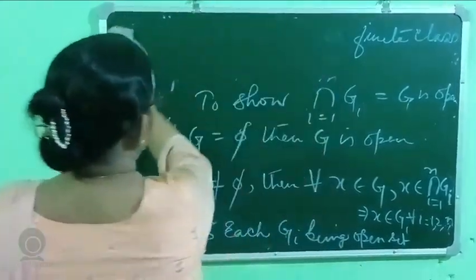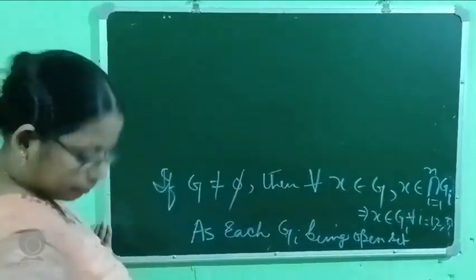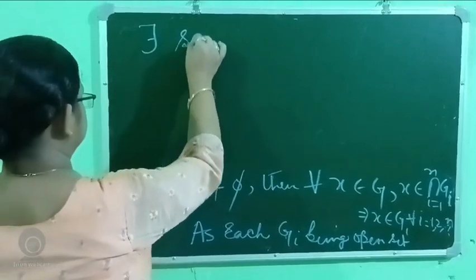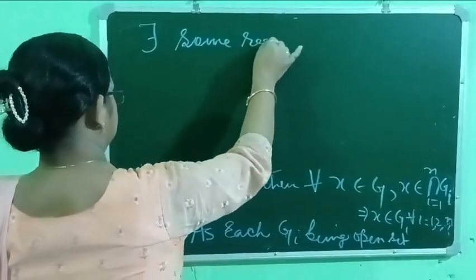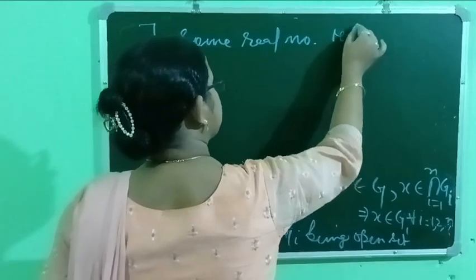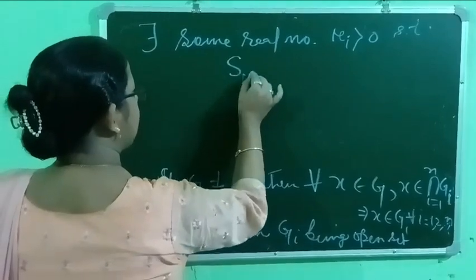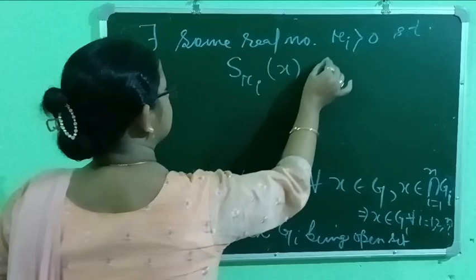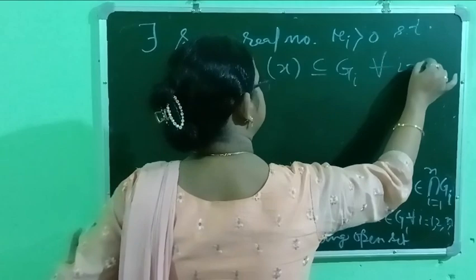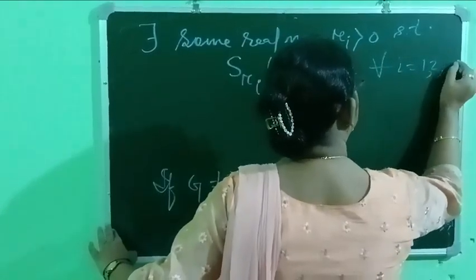So there exists some real number ri greater than 0 such that S_ri(x) is contained in Gi for all i ranges from 1 to n.